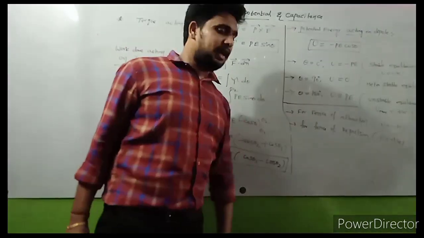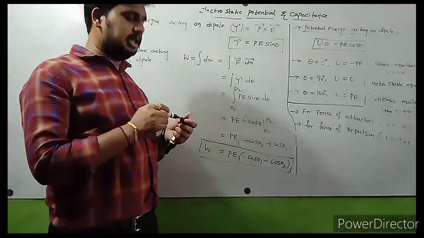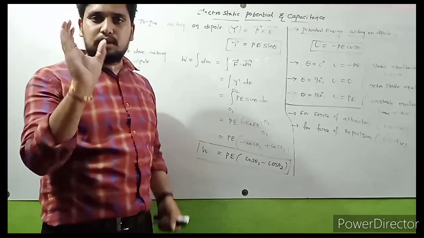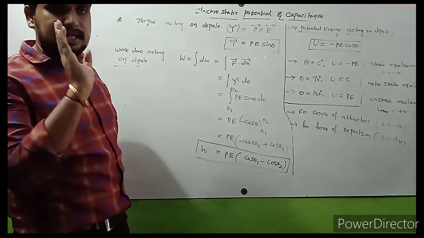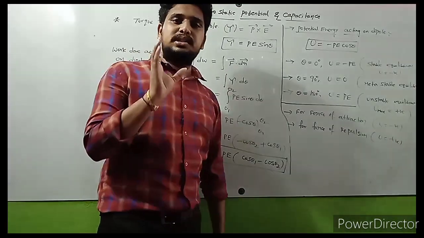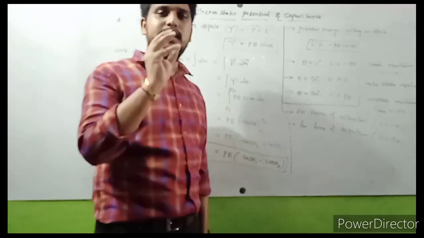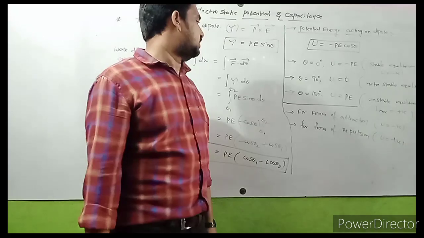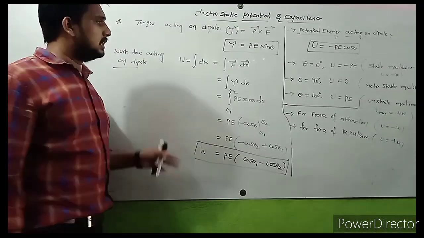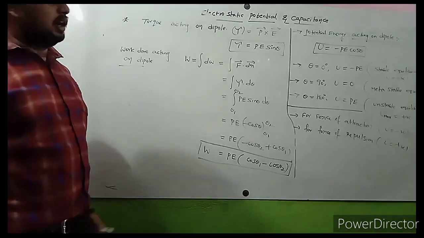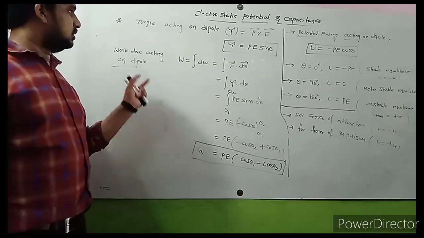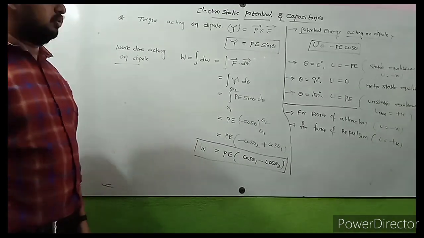Force of repulsion, U value is positive, taken as an unstable condition. Keep it in mind: positive potential energy is an unstable equilibrium position, and negative potential energy means a stable equilibrium position. So this is about potential energy, equipotential surface, work done on a dipole, and torque acting on a dipole.